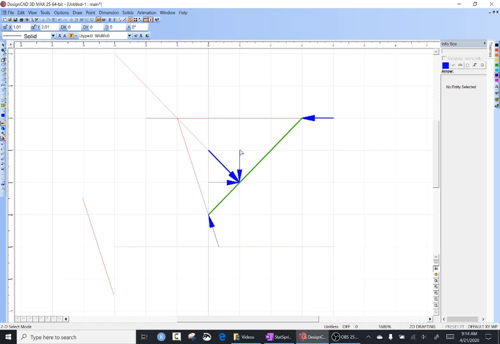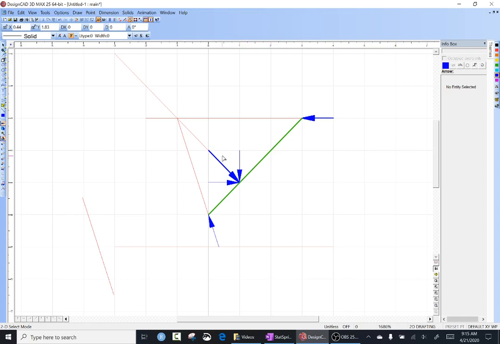And the sum of the forces in the y means that this goes directly north, this one goes directly south. So I'm pretty much to scale here.